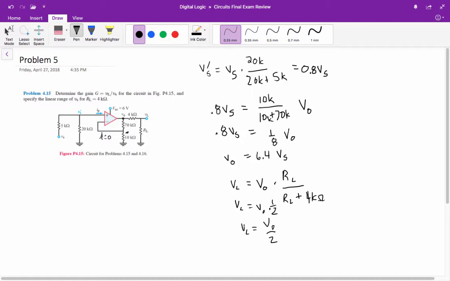Now our gain is VL over VS. So let's find that, because that's one of the things we're instructed to find.